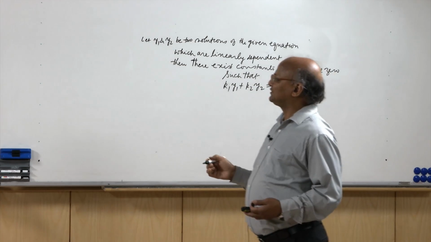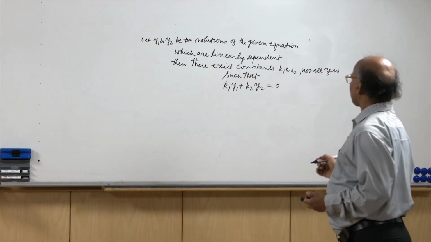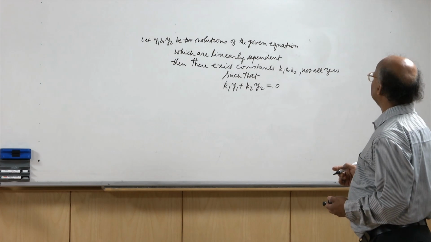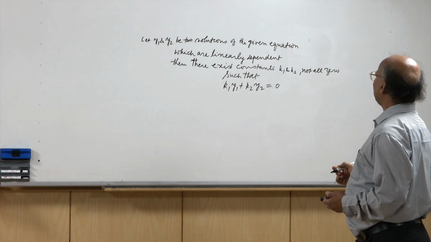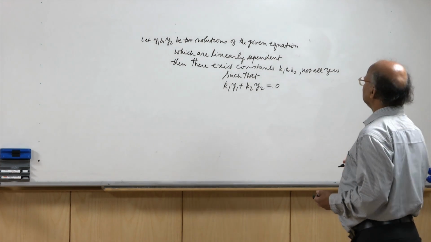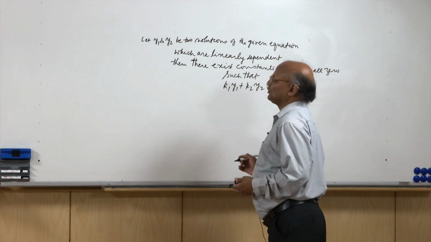So by the definition of linear dependence, we arrive at two constants K1 and K2 which are not both 0 such that K1 y1 plus K2 y2 is equal to 0.